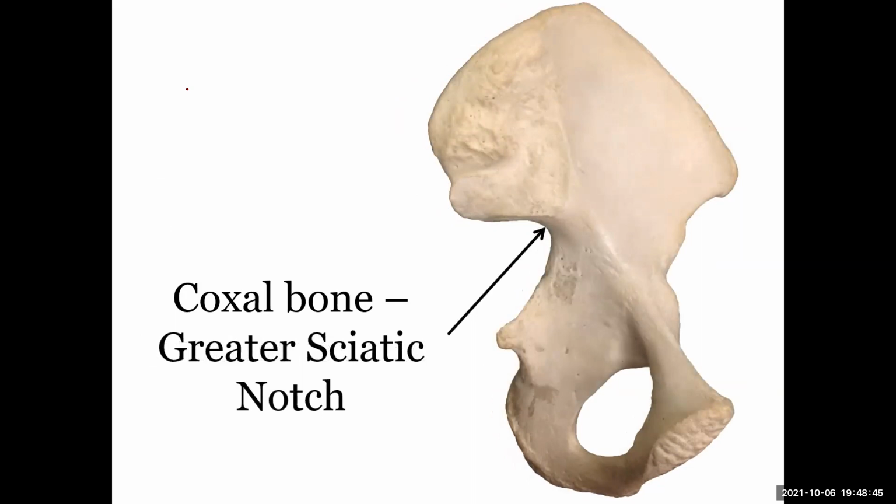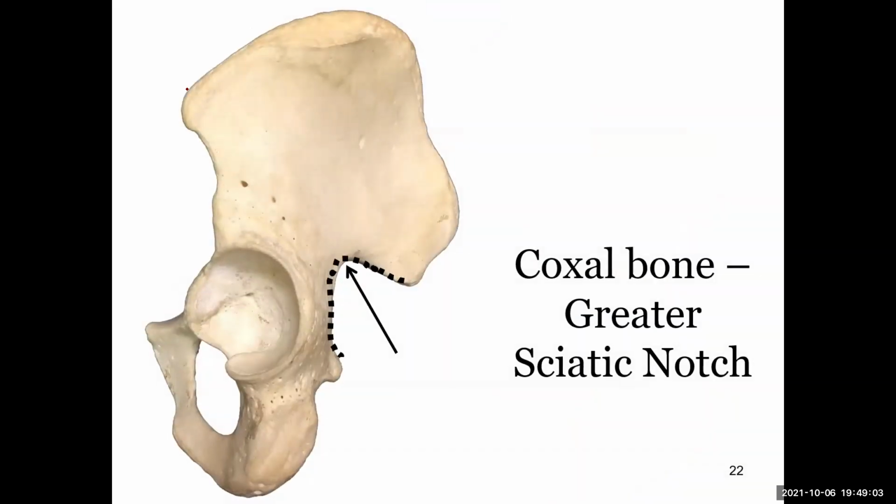Below or inferior to the auricular surface, we have our greater sciatic notch, and that's where our sciatic nerve is going to exit out of your pelvis and proceed to move posteriorly and inferior down your lower extremity. Here you can see it outlined in this lateral view here.